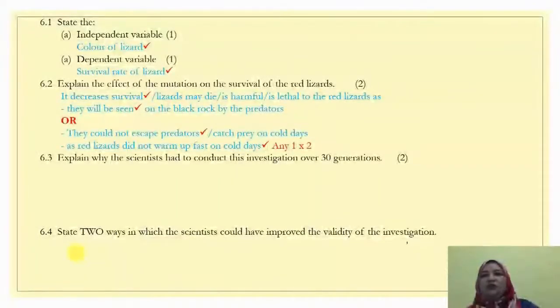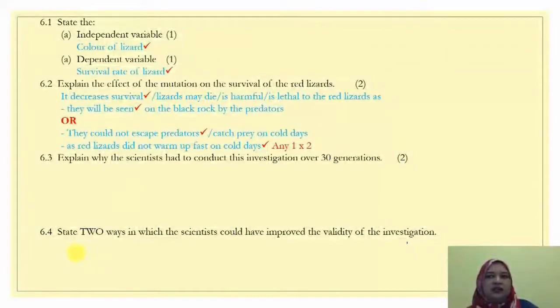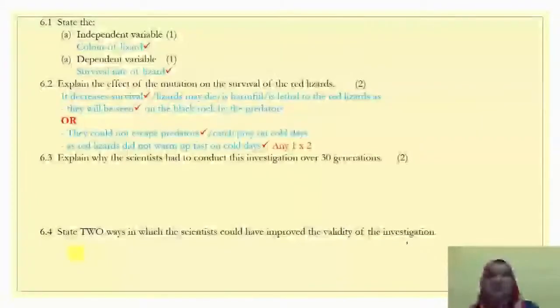And when we use the word the same, what are we thinking of? What type of variable do we use when we use the word the same? The control variable. Excellent. So we are looking at a controlled variable. So all the variables that must stay the same make that investigation valid.